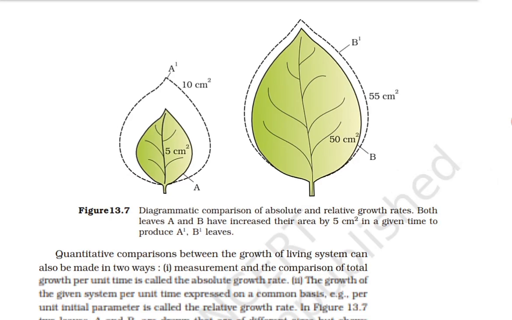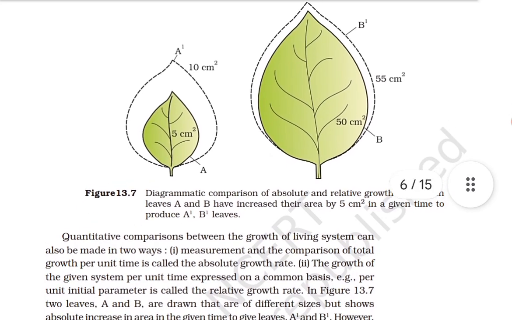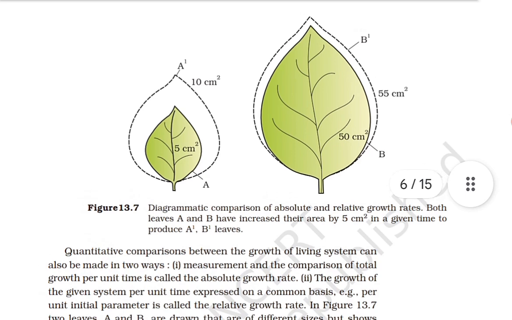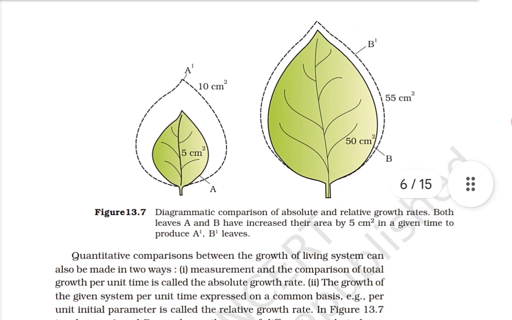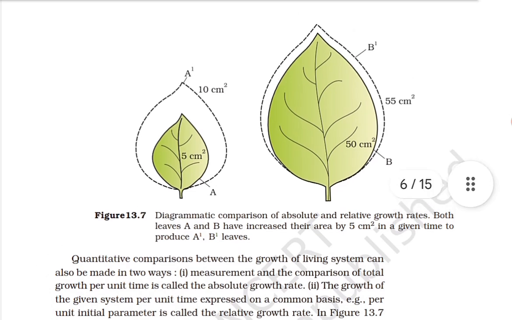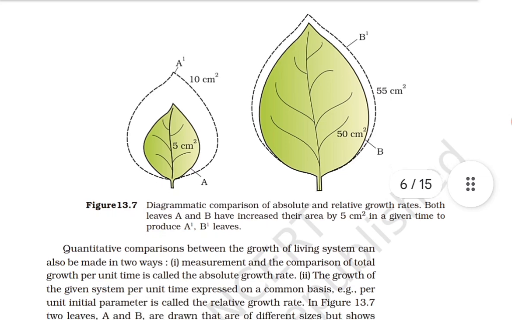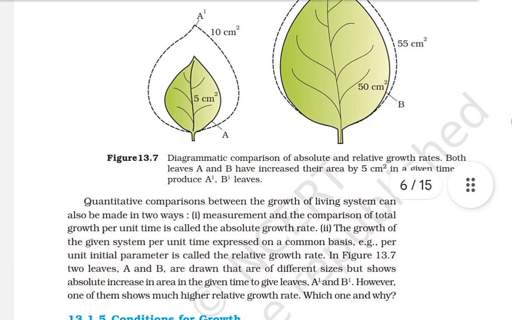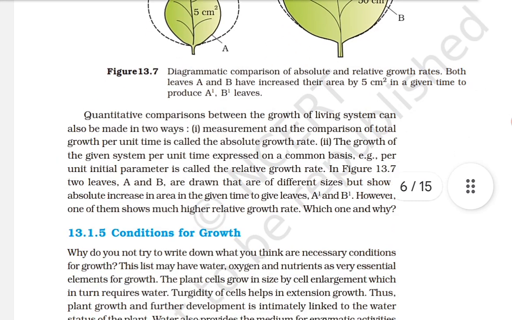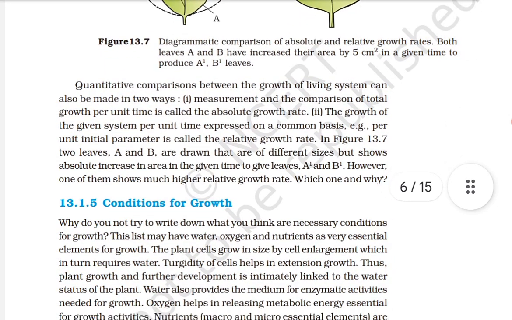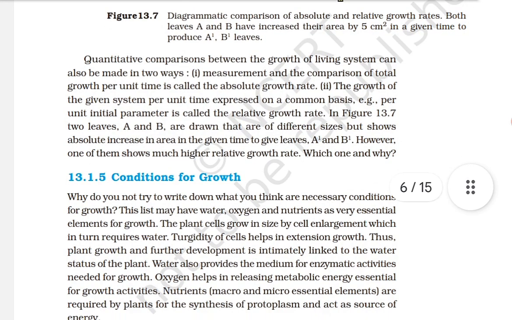A tree that shows seasonal activity will have a sigmoid growth curve, also known as S curve. ठीक है, यही आंसर है उसका. The exponential growth can be expressed as W1 is equal to W0 e की पावर RT. ठीक है, where जहाँ पे W1 is equal to final size, weight, height, number, etc. और W0 is equal to initial size at the beginning of the period.